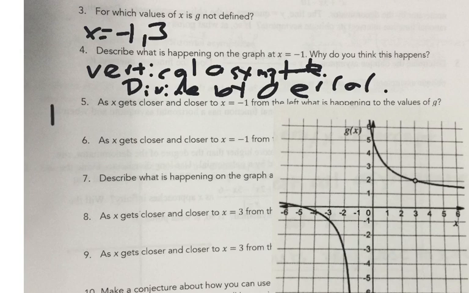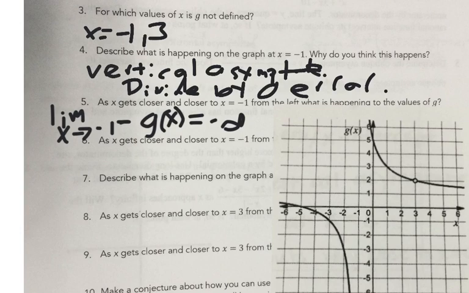So we could say the limit as x approaches -1 from the left, that's a negative sign, of g of x is negative infinity.